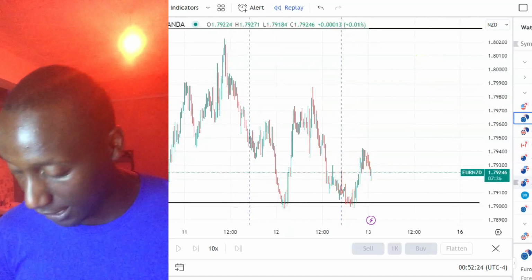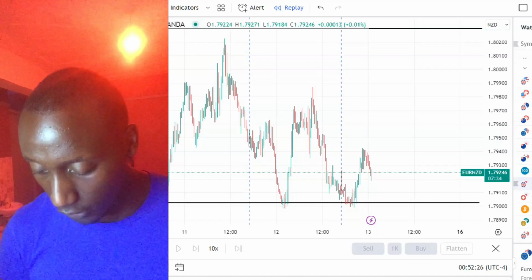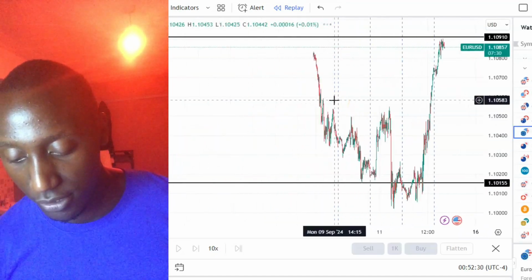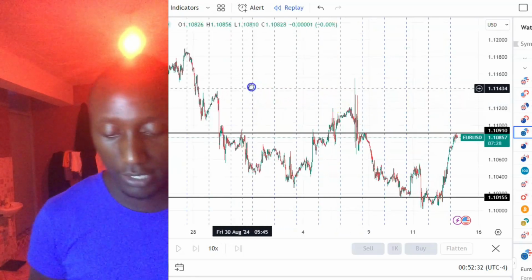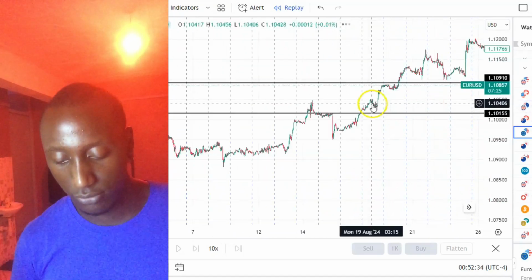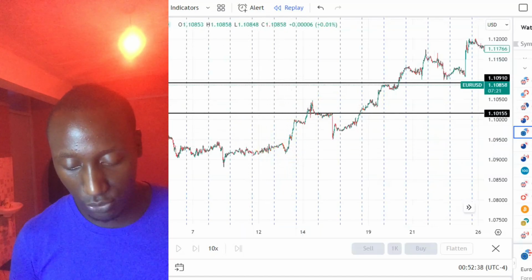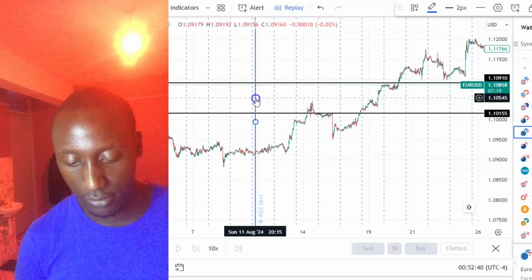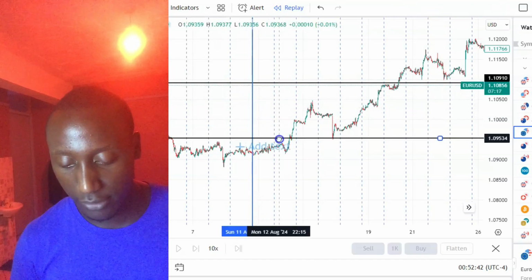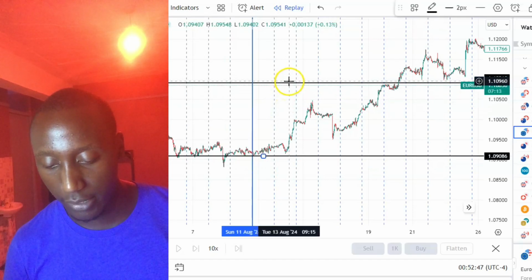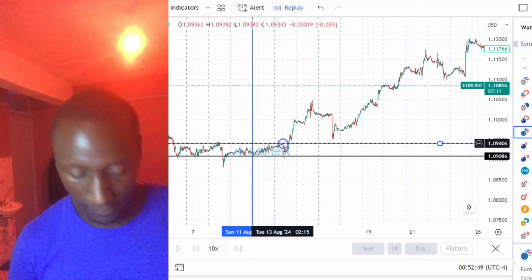So we can look at another example. Let's choose another one, any random pair. So this is Euro USD, and we can go back to any day, and we start on a Monday. So this is where Monday begins. On Monday, all we do is set our high and our low of the week.